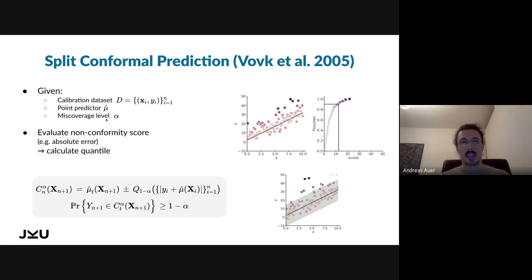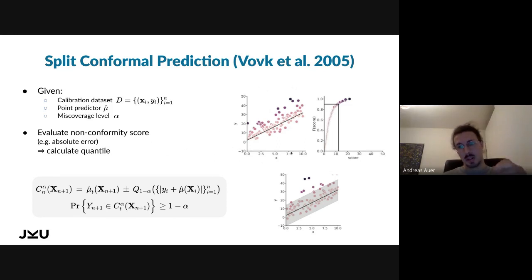And to do that, you simply use your calibration data, you apply your point predictor, and then you evaluate a so-called non-conformity score. The non-conformity score basically measures how unusual the sample is. And in the regression example, to make it easy, you can think about the absolute error. And here you have this illustrated.